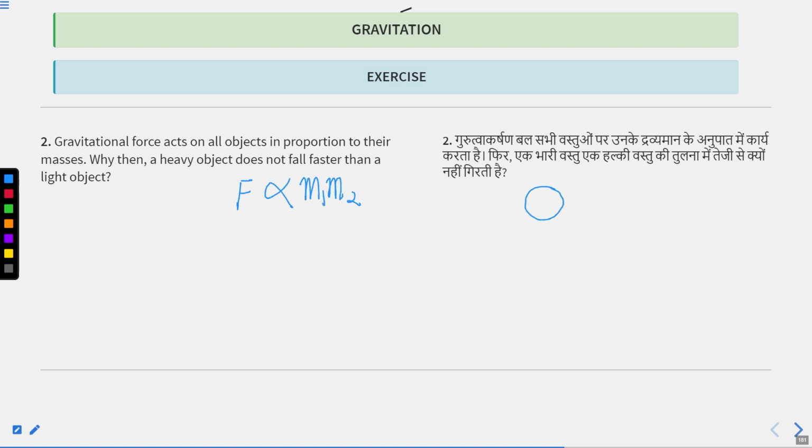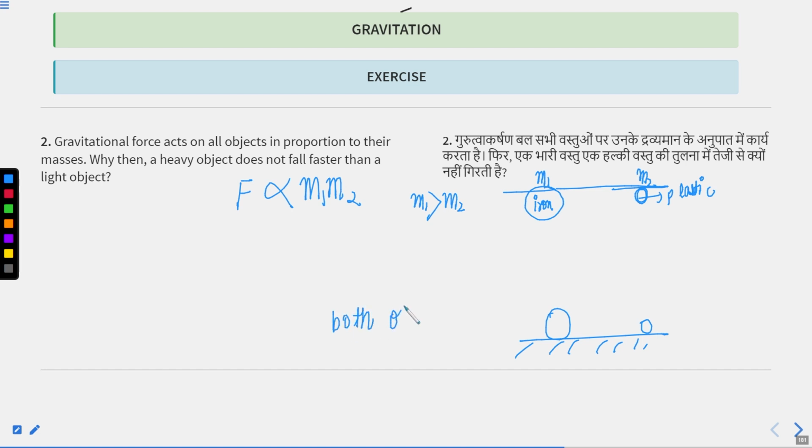If we have two objects, one with mass m1 and one with mass m2, and m1 is greater than m2, let's suppose it is an iron ball and this is a plastic ball. We release them at the same time. We will observe that both objects reach the ground at the same time.